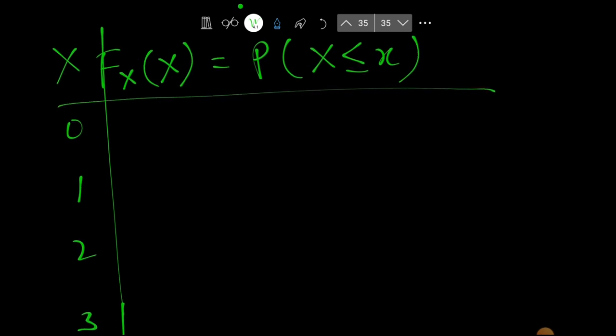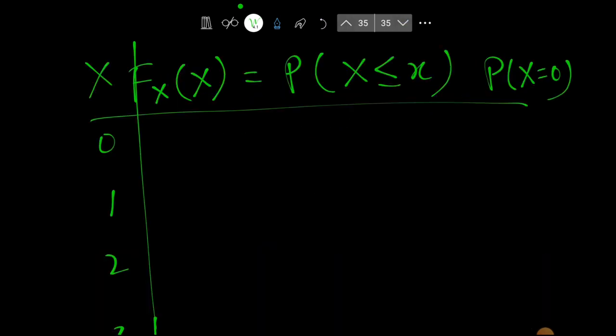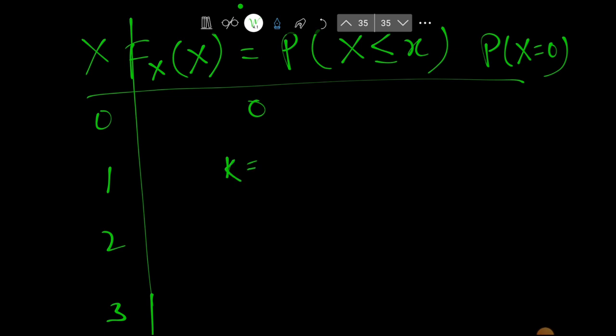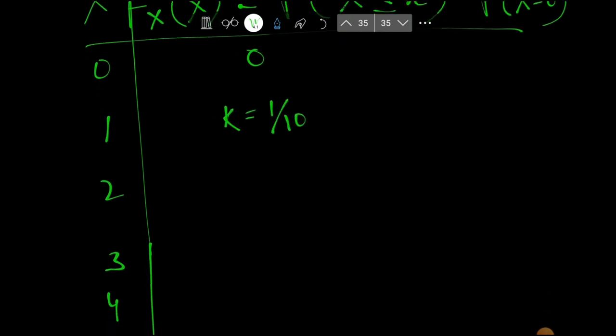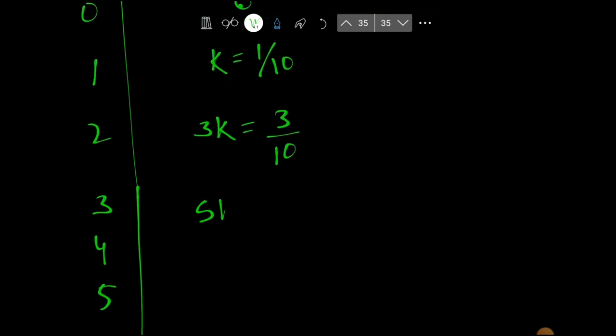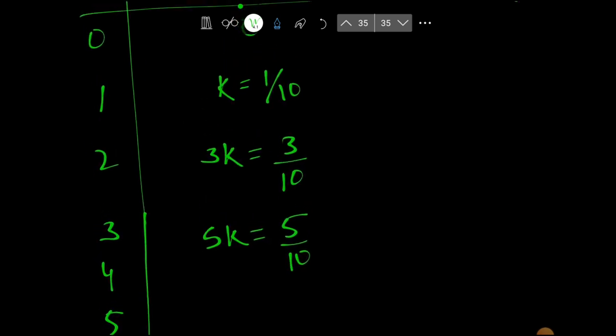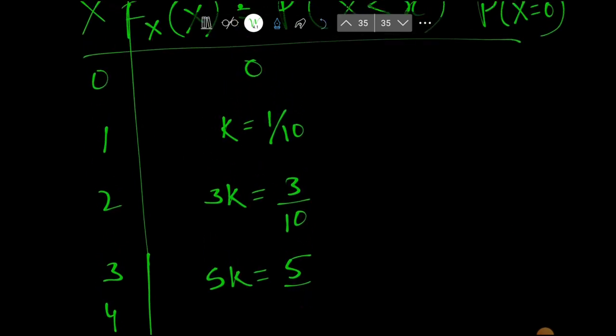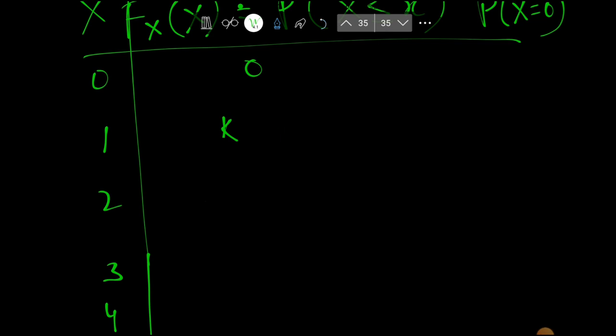So the value of p(x) is equal to 0, 1 by 10, 3 by 10, 5 by 10. So simply, that's not right.